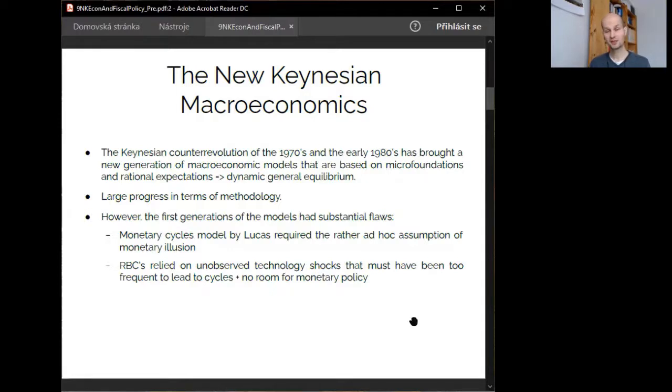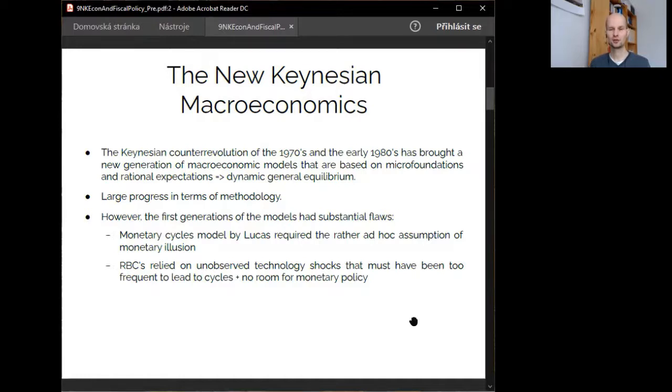Those equilibrium business cycle models represented a very large progress in terms of methodology. However, the first generations of models had substantial flaws. First of all, the monetary cycle model developed by Robert Lucas required a very ad hoc assumption of monetary illusion, which wasn't really realistic.